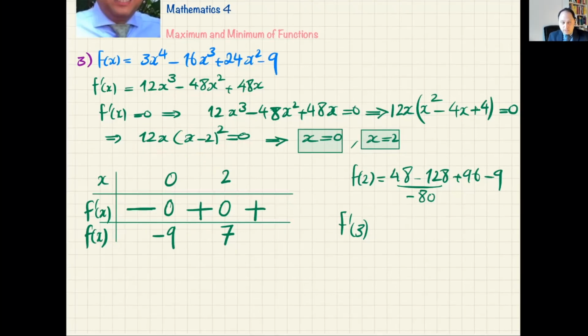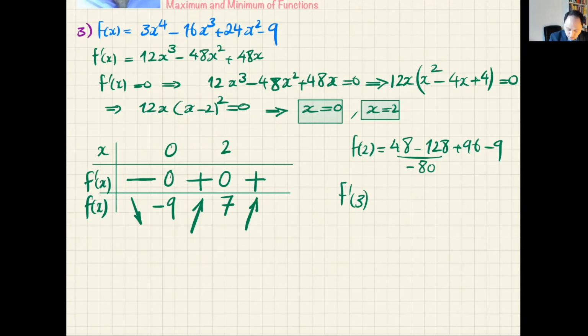Now, finally, this is an example where one of these is a fake one. That's the terrace point, yes? Because this goes down. Here, this goes up, and again, it goes up. So one of them is a minimum. You see, this one is a minimum, but this one is a fake one.